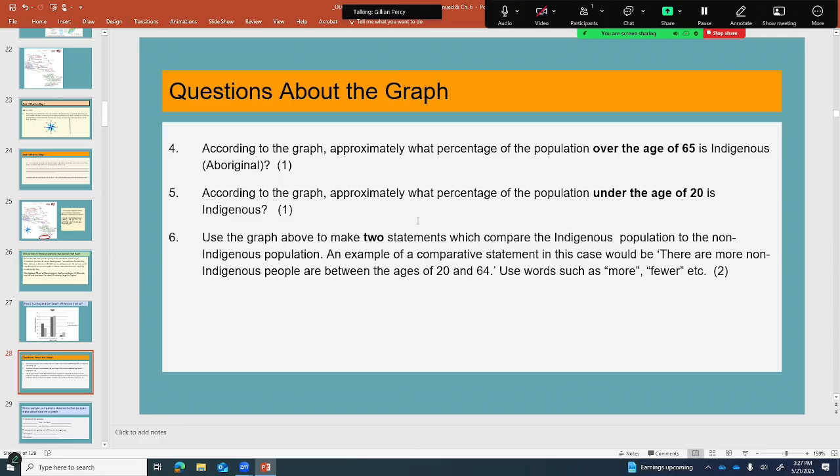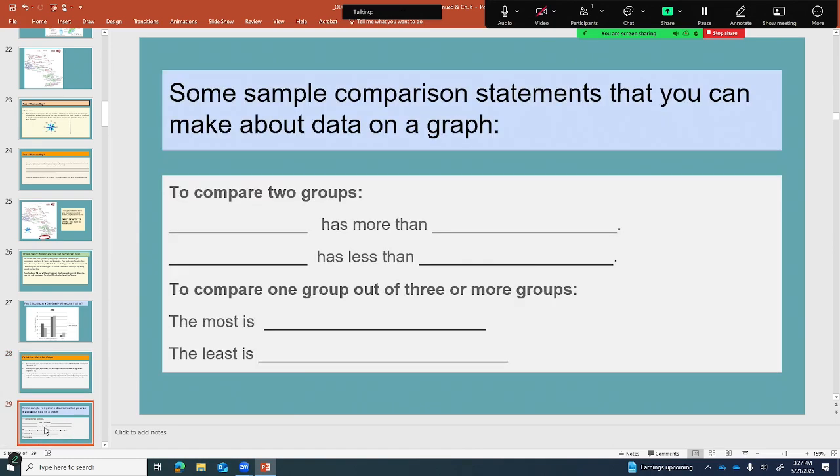You want to use words like more, fewer, most, least. If you're comparing 2 groups, you would say something has more than or something has less than. If you're comparing 1 group out of 3 or more groups, you would say the most is or the least is.